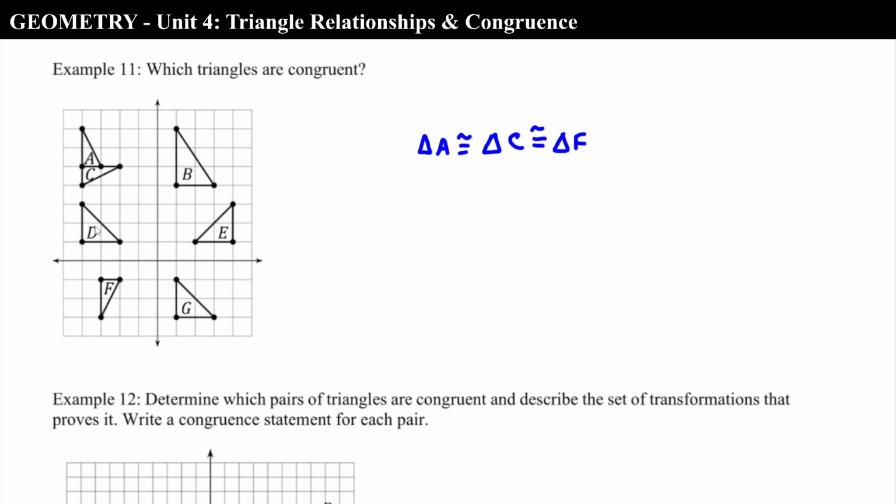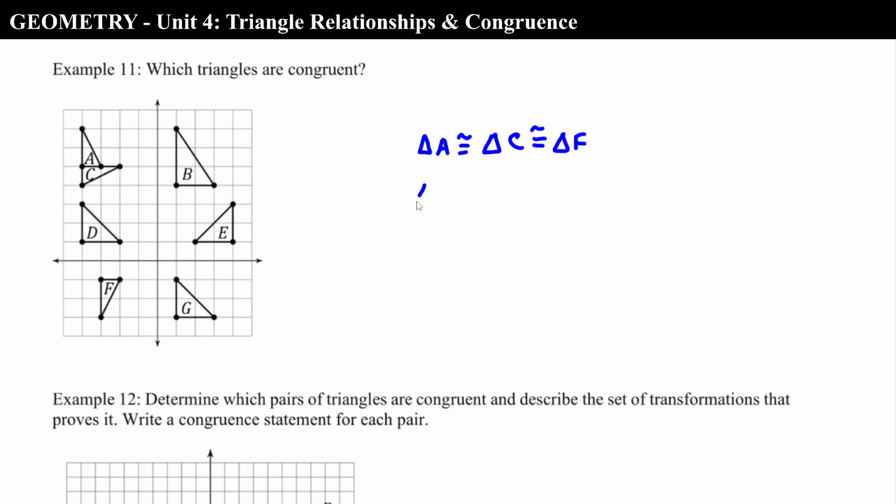Then let's take a look at D. We have 2 sides that are 2 units just straight across the grid, and then 2 units or 2 grids at a diagonal. G does the same thing. In fact, G is oriented the exact same way. E is the same, it's just flipped.